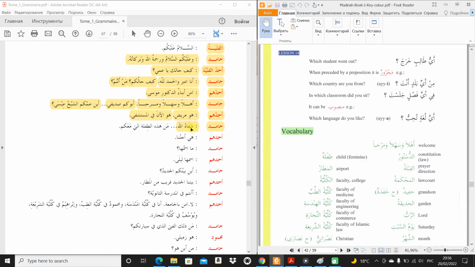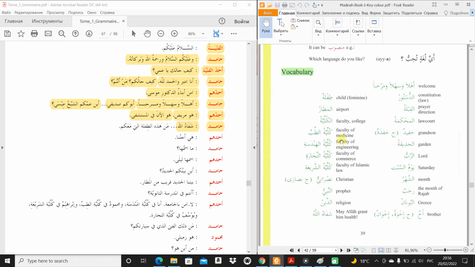But when he says shafahullah, that's a dua. So he is asking Allah to grant him health. That's the translation of this word shafahullah. May Allah grant him health.